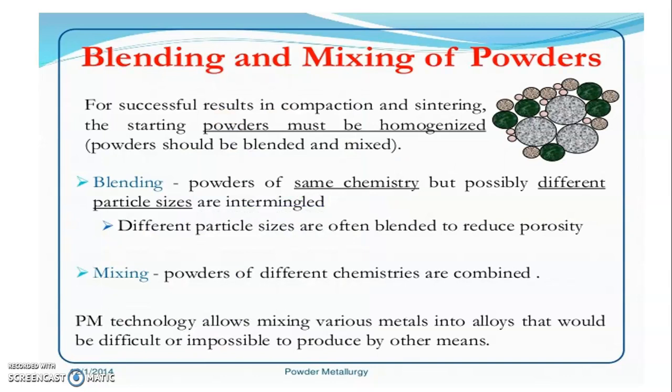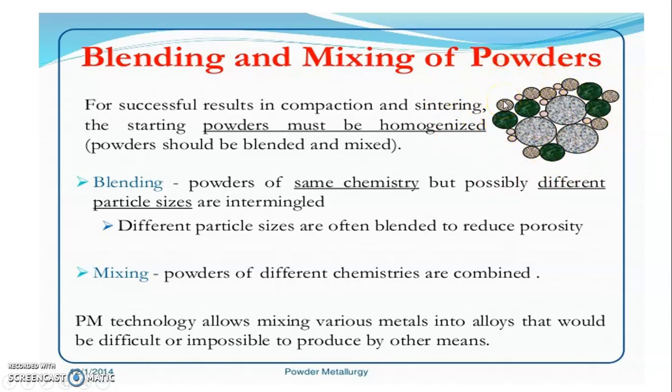Blending and mixing of powders. For successful results in compaction and sintering, the starting powder must be homogeneous, so the powder should be blended and mixed. In blending, powders of the same chemistry, but possibly different particle sizes, are intermingled.